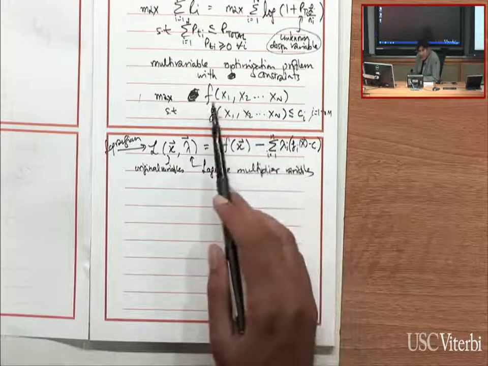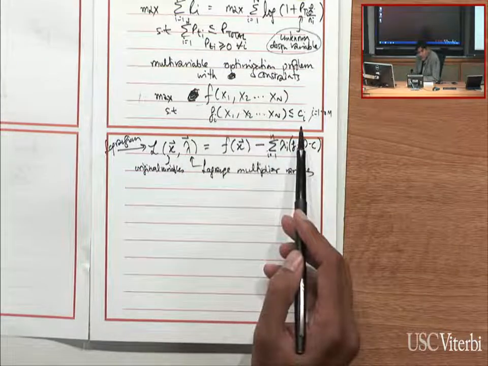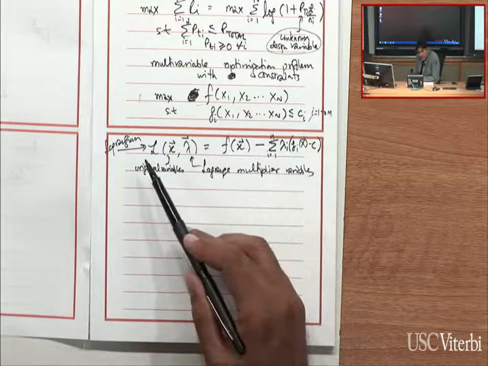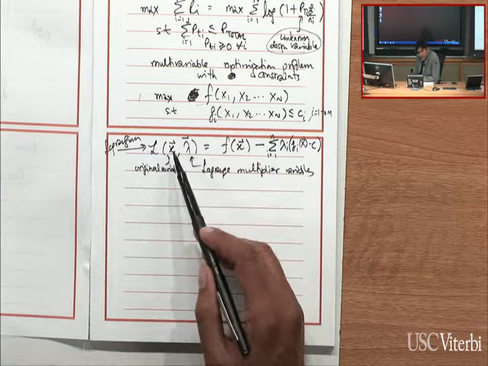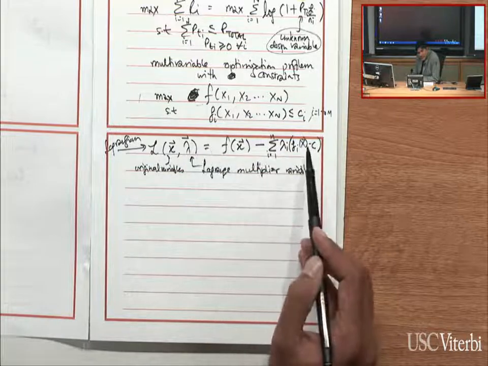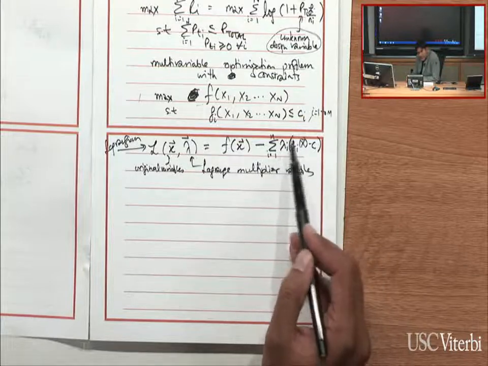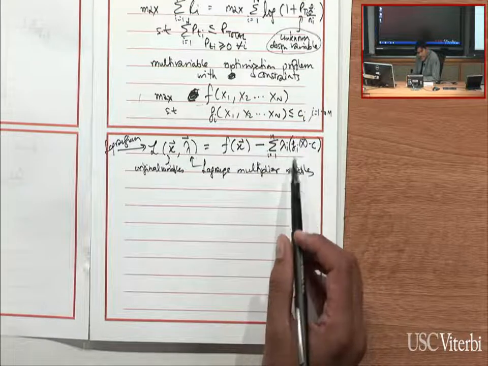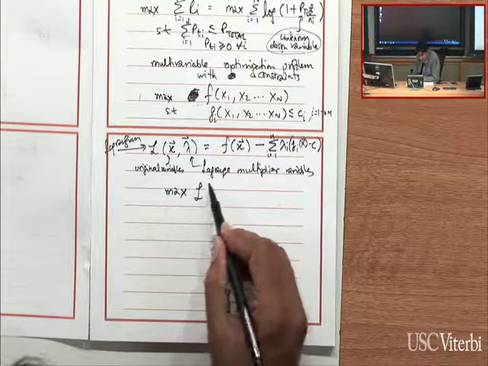We've really taken this problem with an optimization and a constraint and defined a new function which depends on the original variables plus a new set of variables, but now there are no constraints. The constraints in some sense have become part of the original function, but with these additional unknowns. And what you do is you try to maximize this function.